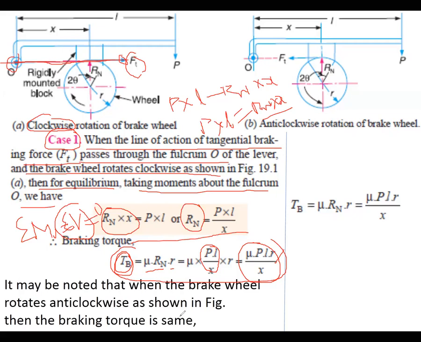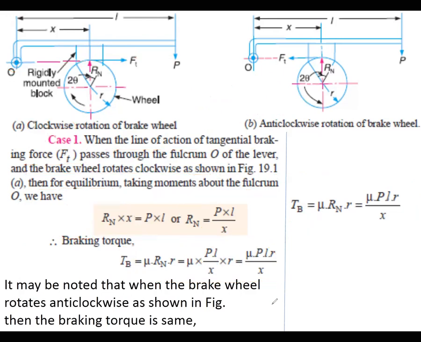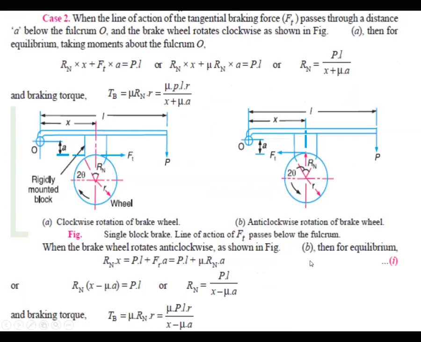Next, come to the anti-clockwise direction. So this is one formula, for the anti-clockwise direction. When it is rotating in the anti-clockwise direction, we'll see how the formula would be. Right, now come to case 2.